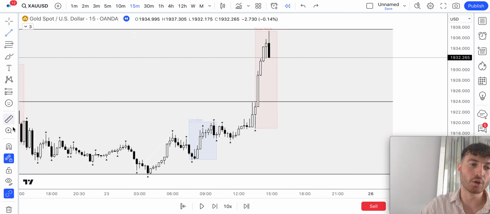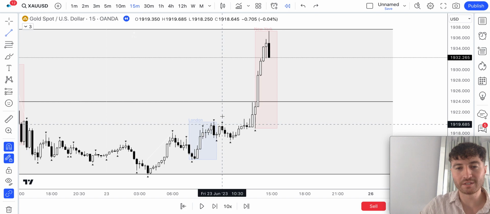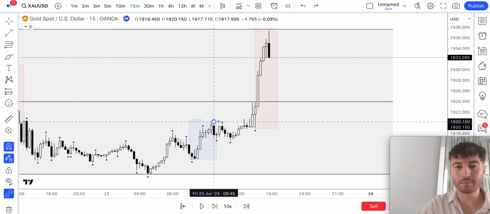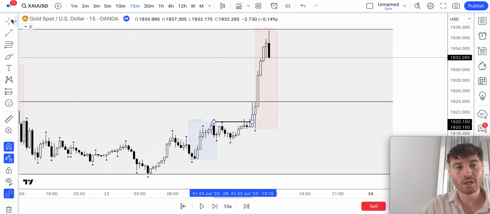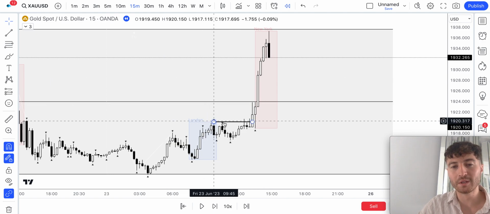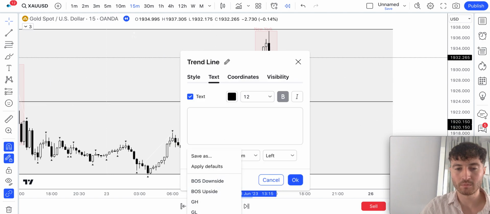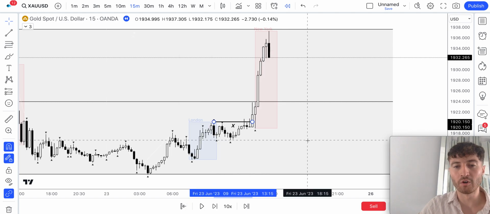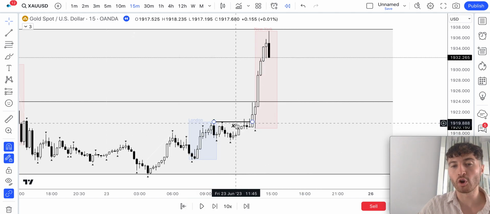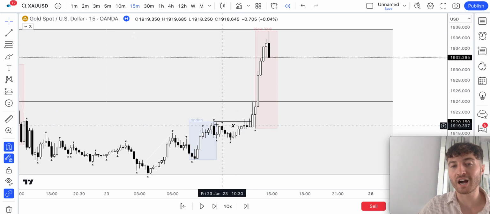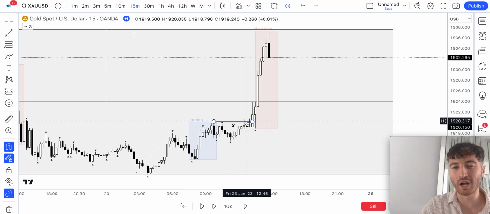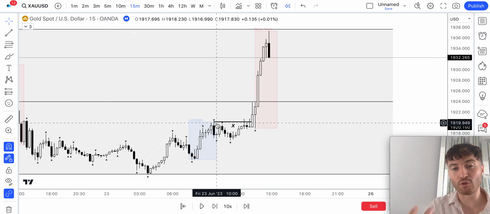So this is gold here, 15-minute time frame, and what can we see here? We had this sort of double top area in the back end of the London session. Okay, so we can mark this on as a run on liquidity. This is a high here, sort of an equal high, double top. It's a fractal high.